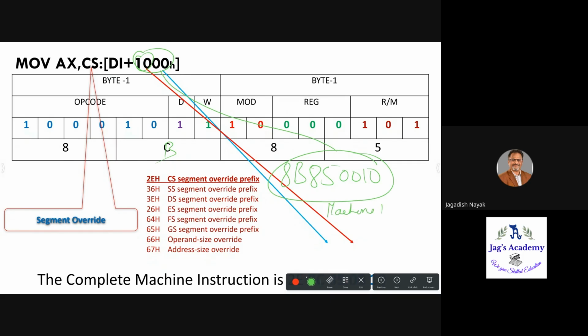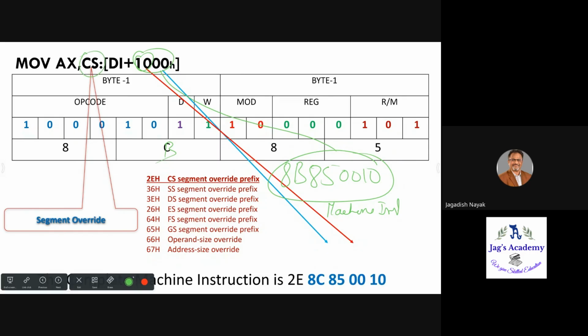Now I will come back to this CS. Listen carefully, this is very important. You need to remember, if this is not there, data is coming from the data segment by default.